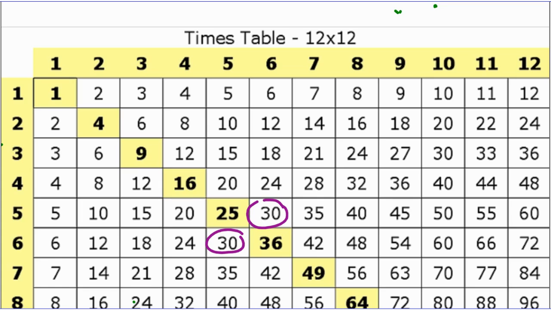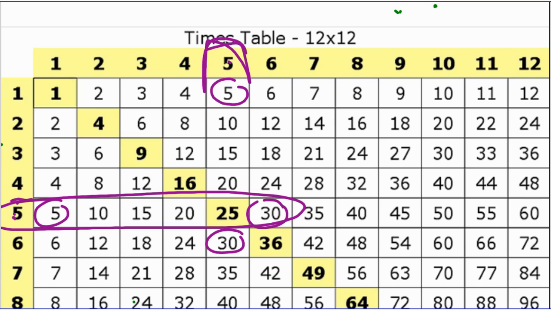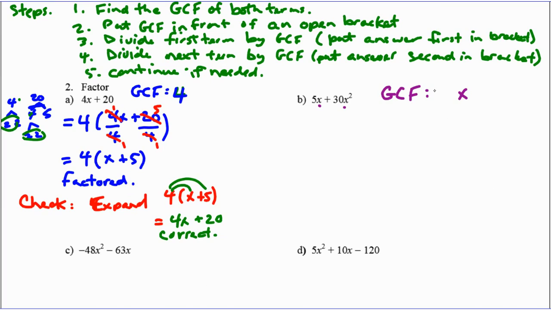Where are our 5s? Our 5s are here and here. Anywhere else we can find 5? No. So our greatest common factor is 5, either way. You might have done this in your head. So for now it's 5x. All right, so let's take 5x out.